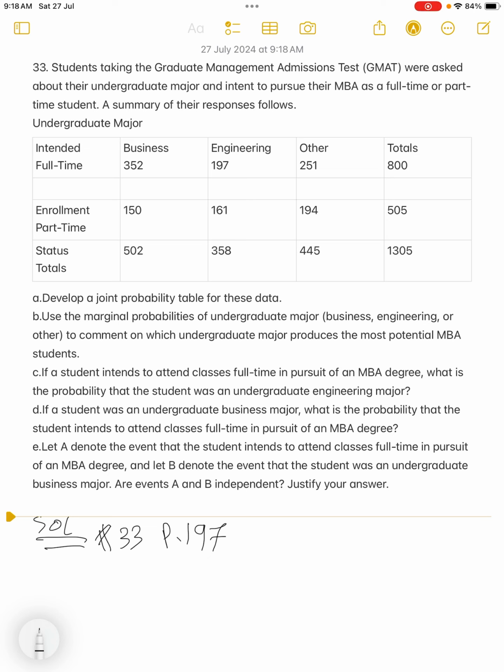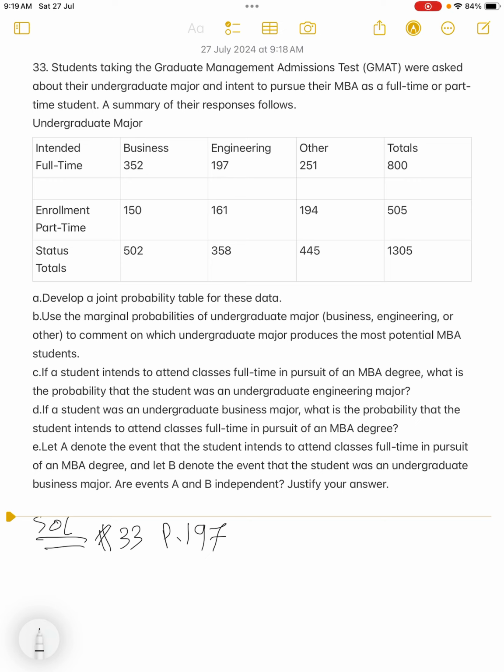Students taking the graduate management admission test, GMAT, were asked about their undergraduate major and whether they intend to pursue their MBA as a full-time or part-time student.